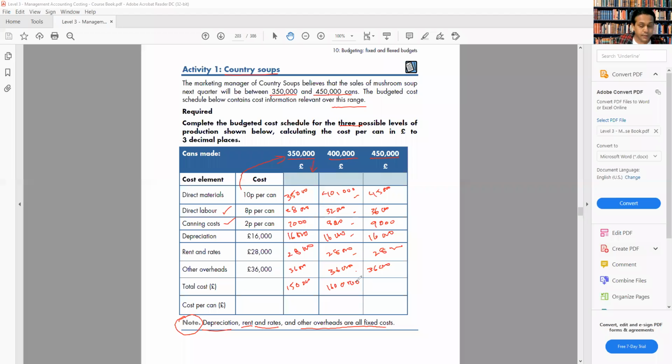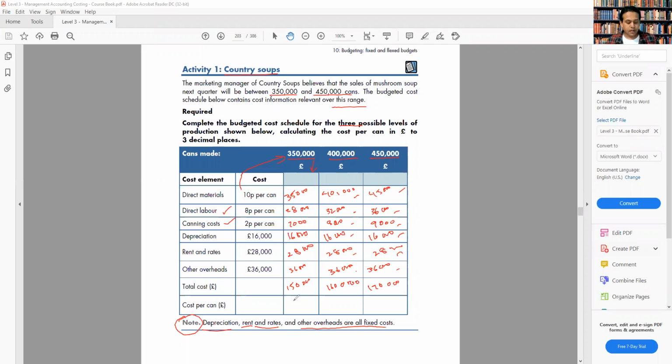Then we move to the next one: 45,000, 36,000, 9,000, 16,000, 28,000, and 36,000. And that gives us 170,000. Very well done.